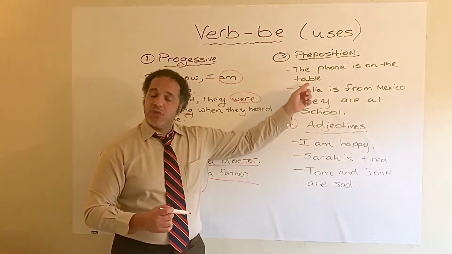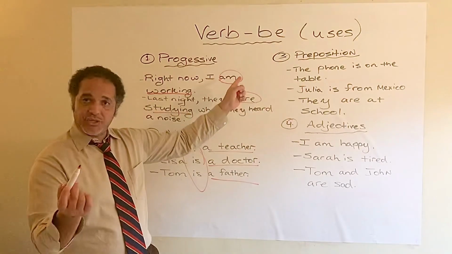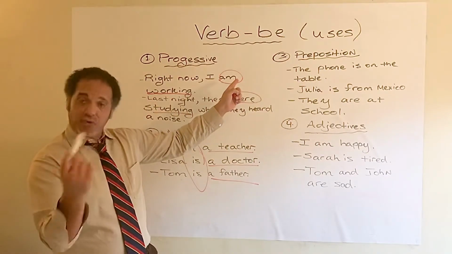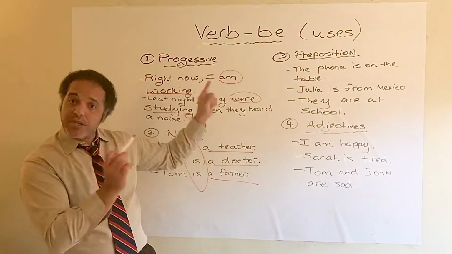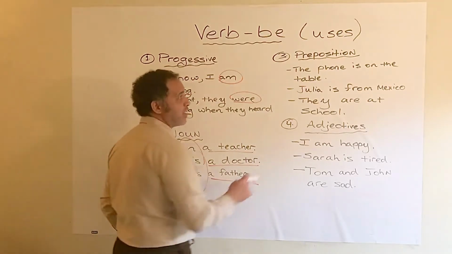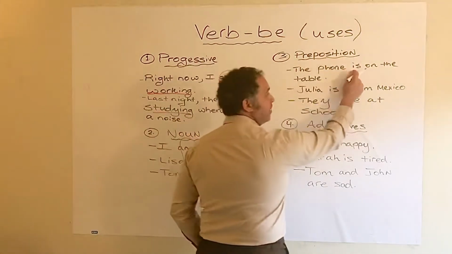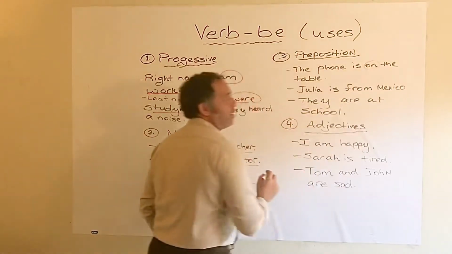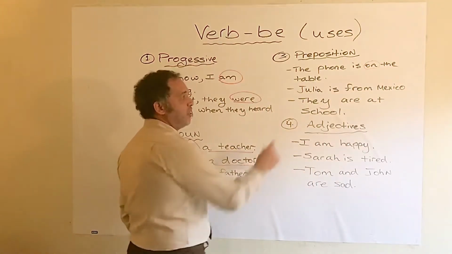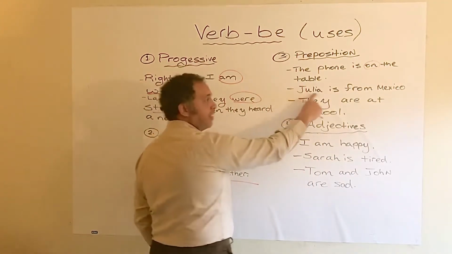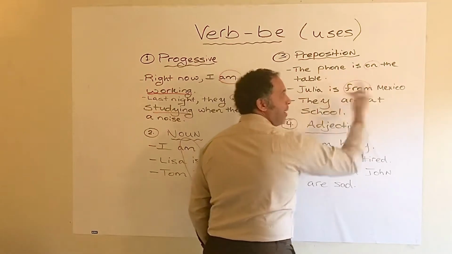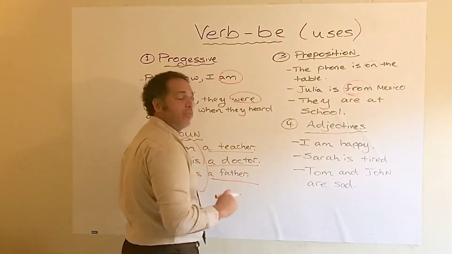Preposition. A lot of times if we have a preposition and it is followed again by a noun, we need to use the verb be. For example, the phone is on the table. Julia is from Mexico.